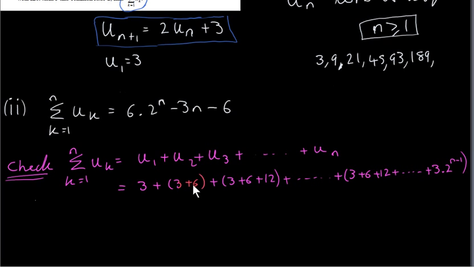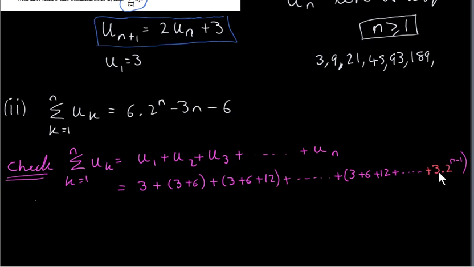So 2 3s are 6. u3 is the sum of the first 3 terms of the same geometric series. So the first term is 3, r is 2. So we have 3 plus 6 plus 12. That's u3. u4 then would be 3 plus 6 plus 12 plus 24, and so on.